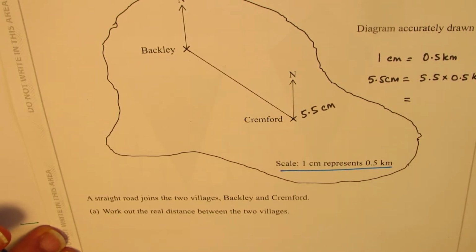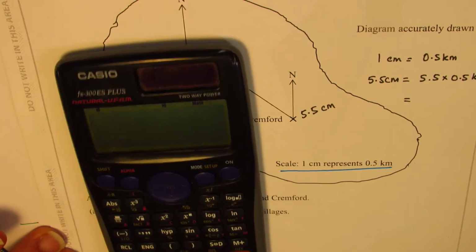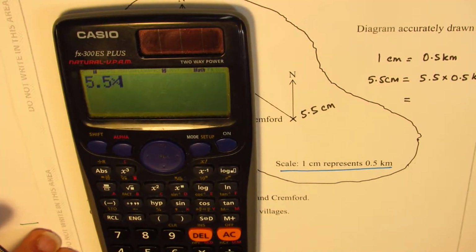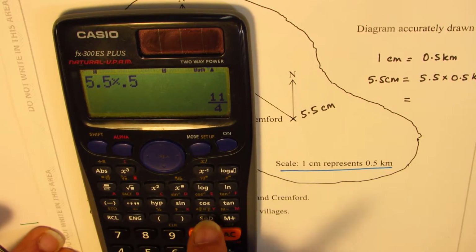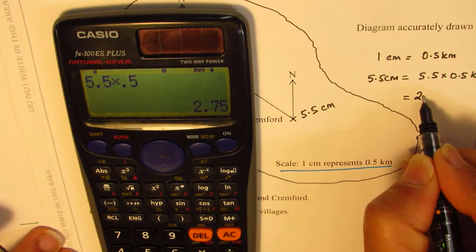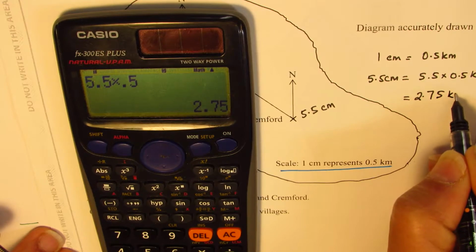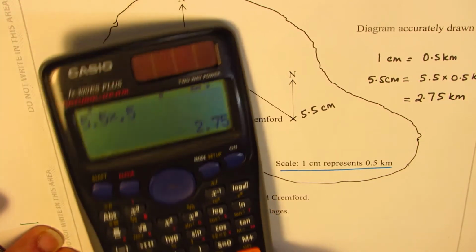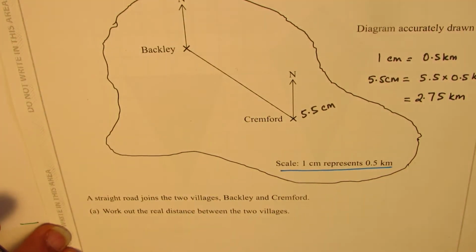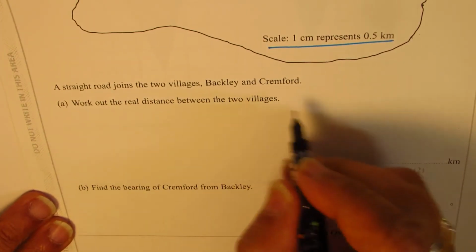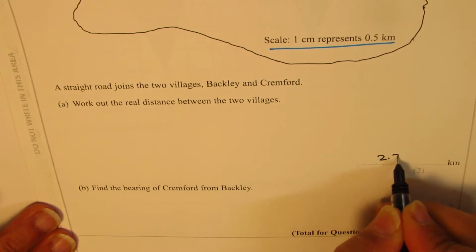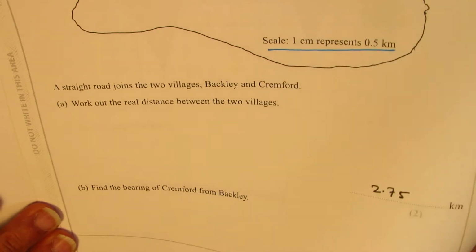So that is how you're going to find the distance. So 5.5 times 0.5 equals 11 divided by 4, which is 2.75 kilometers. Correct? So that is the distance. Part B is work out the real distance. The real distance is 2.75 kilometers.